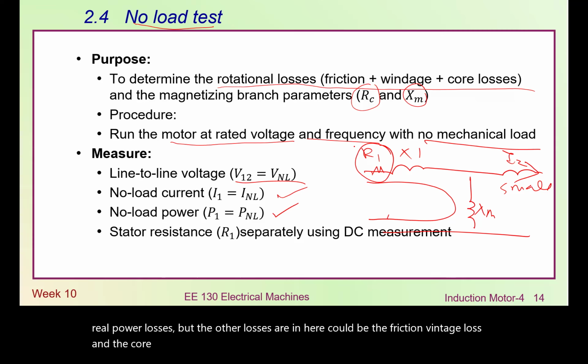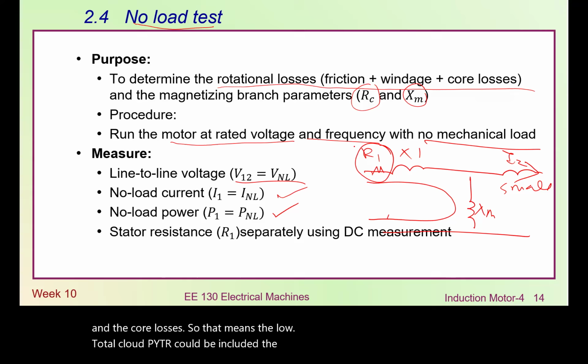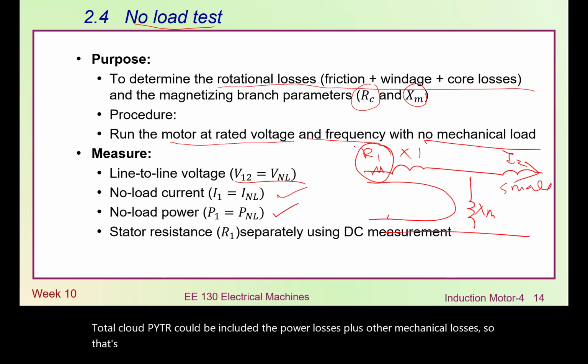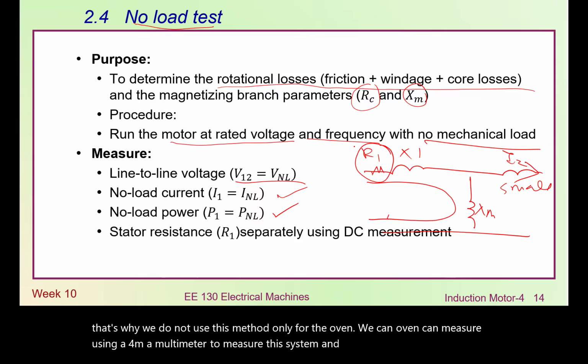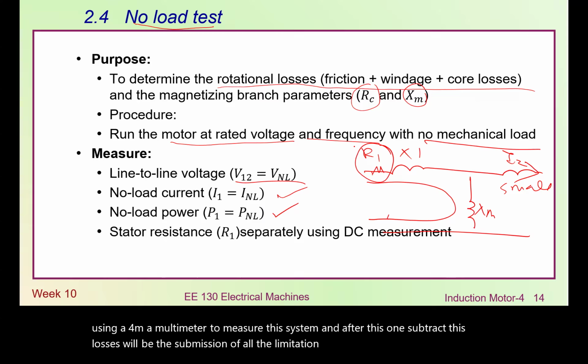So that means the load power P1 here could include the R1 losses plus other mechanical losses. So that's why we do not use this method only for R1. R1 can be measured using an ohmmeter, a multimeter to measure the resistance. And after we subtract R1 losses, the rest will be the summation of all the windage losses and also the core losses. Right?